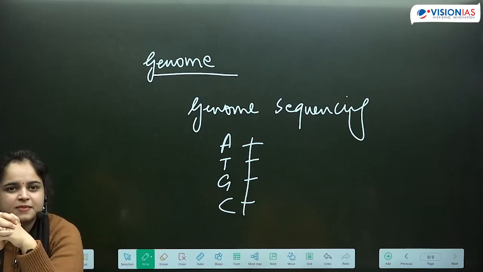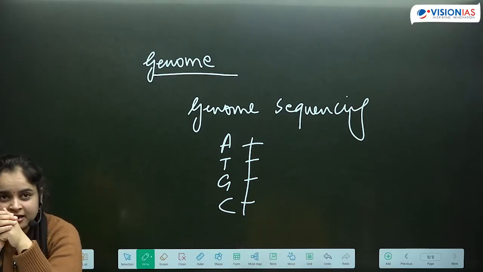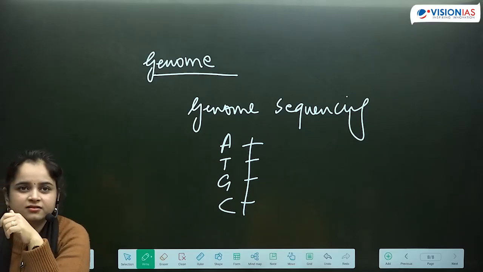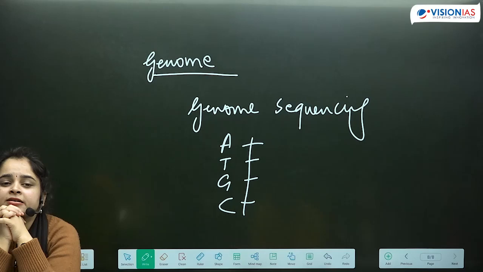Identifying the specific... Okay, so if you are saying you to identify a specific creature or identifying a specific trait, that I'll take.